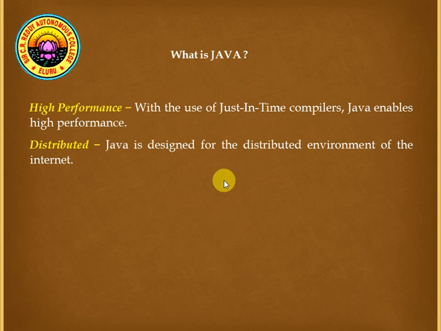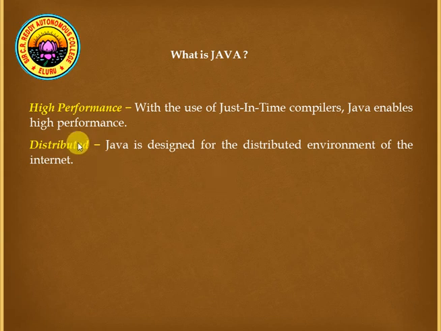And distributed. Java is designed for the distributed environment of the internet. You know that now we are using the internet, where any request made by a client is received by the server. At the server side, some Java technologies are used such that whatever response is given by the server can be executed on any system at the client side.